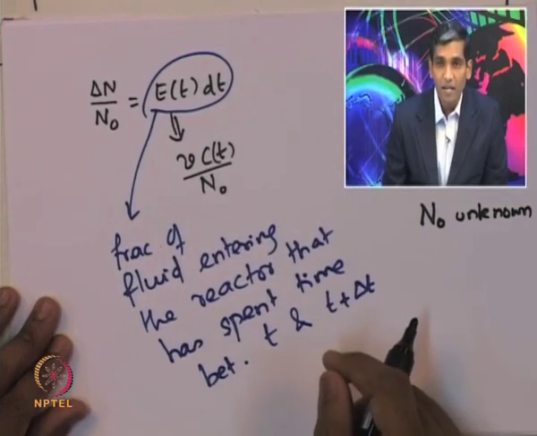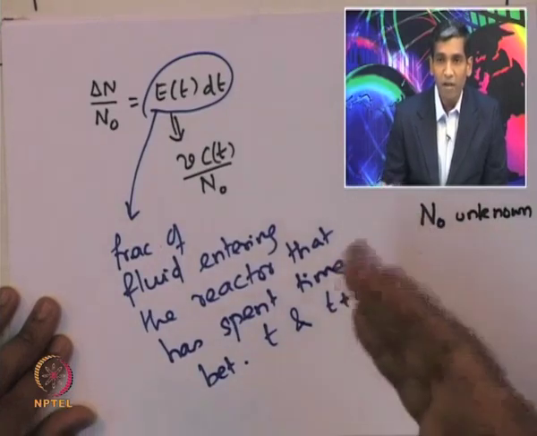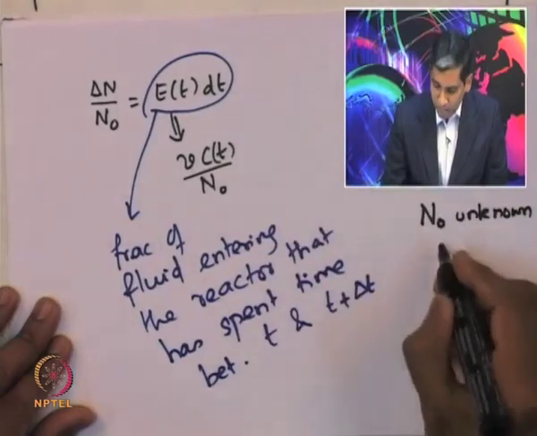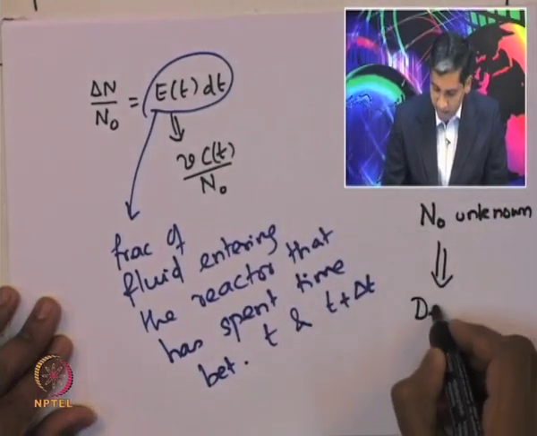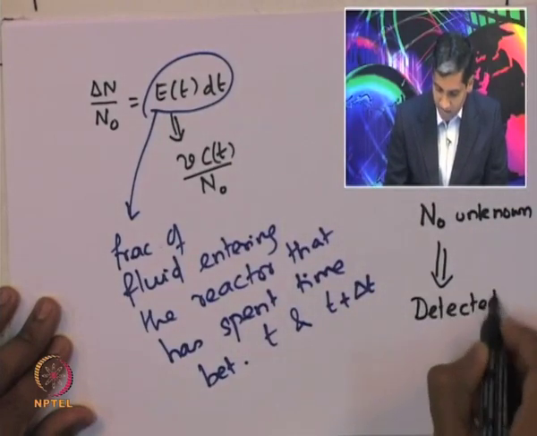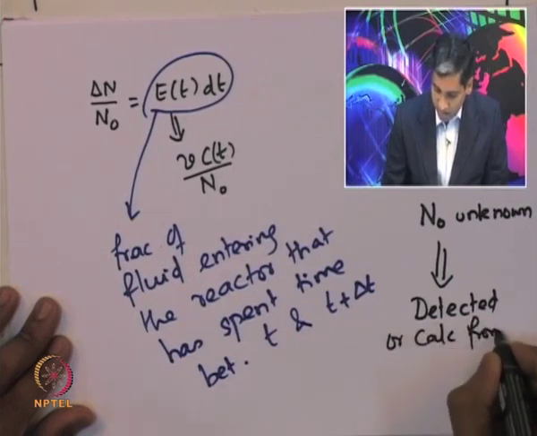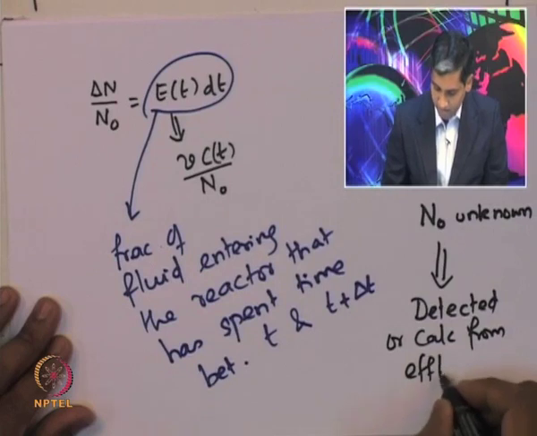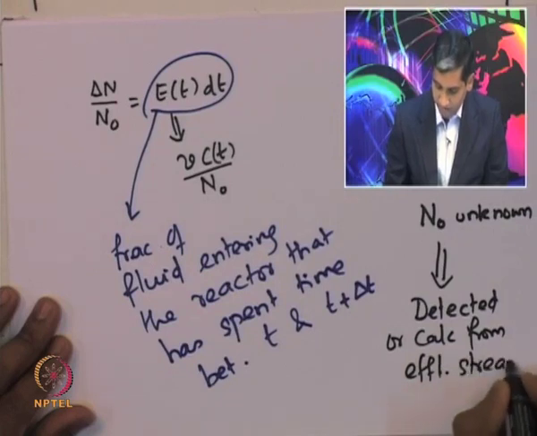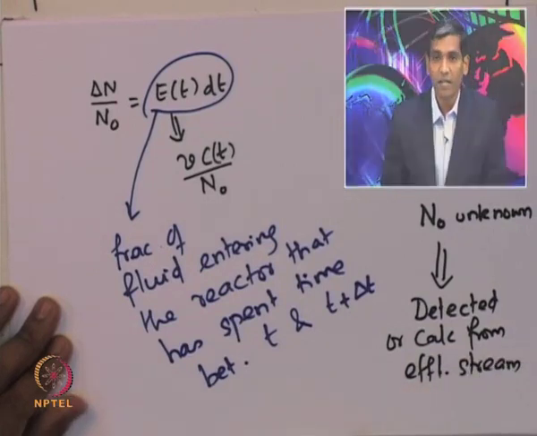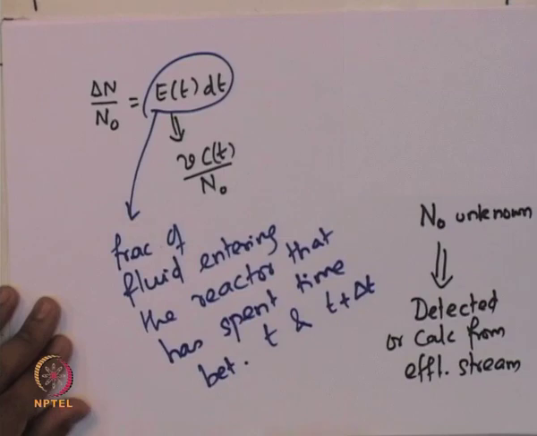If that is unknown, then N naught can be calculated from the concentration of the tracer in the effluent stream.